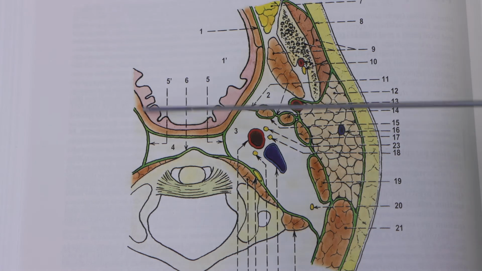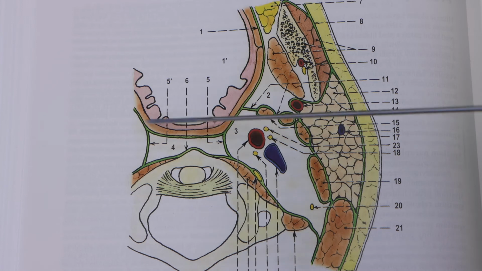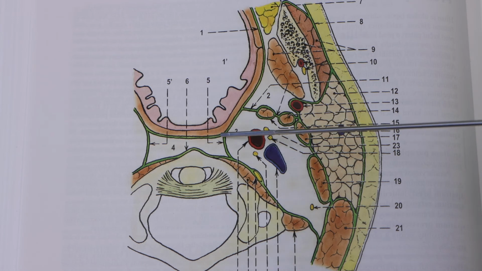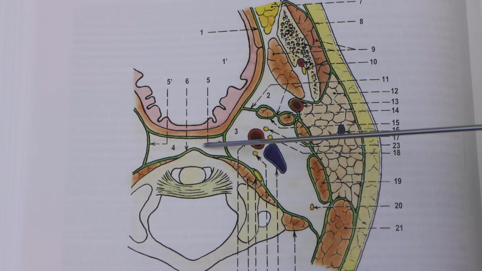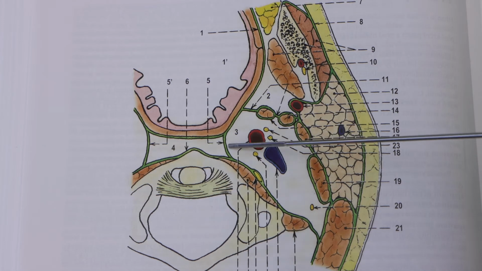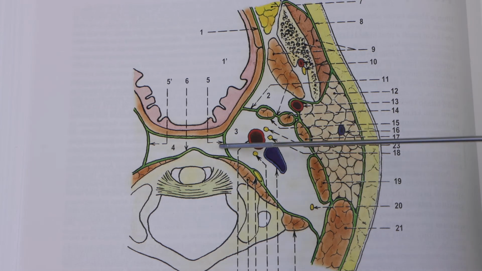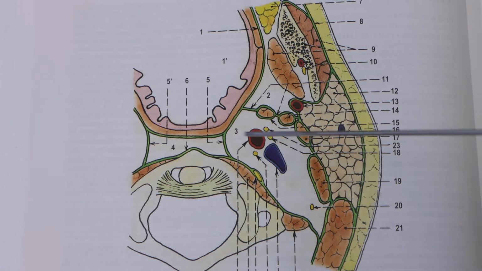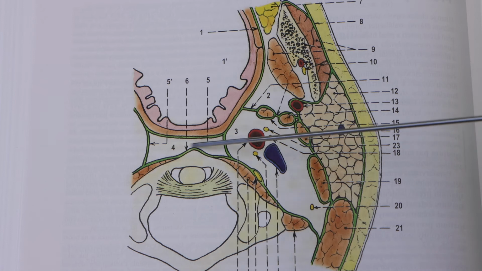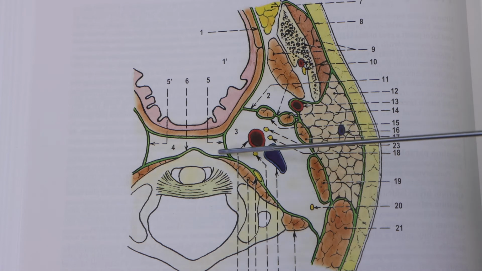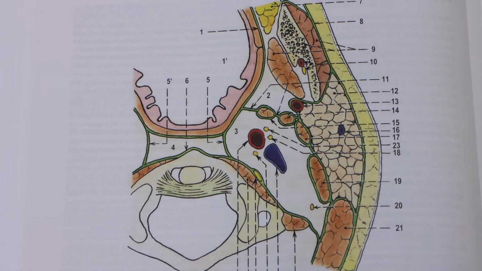So if this is the posterior wall of the pharynx, covered by the pharyngobasilar fascia, this green one, the space behind the pharynx is called the retropharyngeal space. Here we have not only the retropharyngeal space, but the danger space and also the prevertebral space, which we are going to discuss in detail in topographical anatomy.